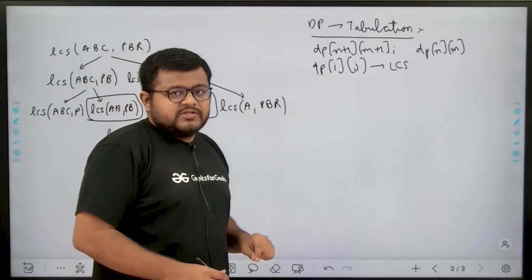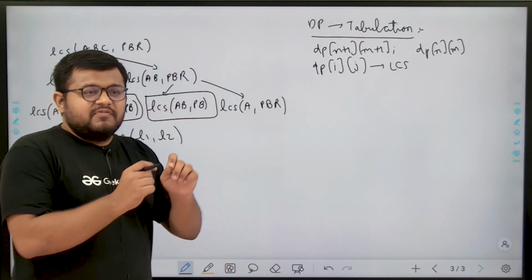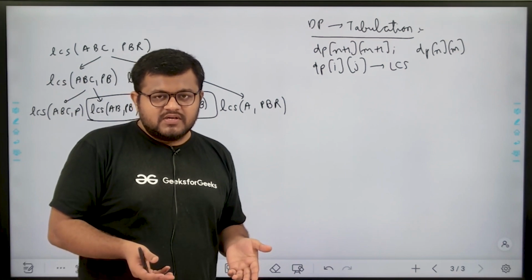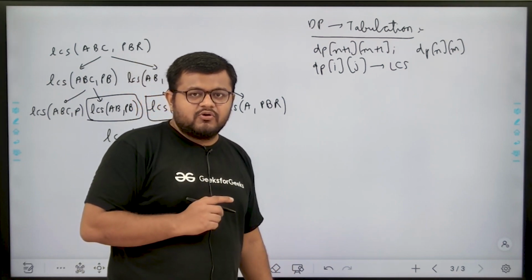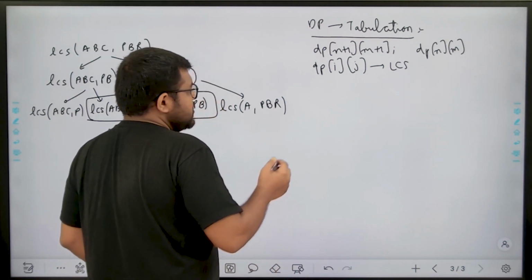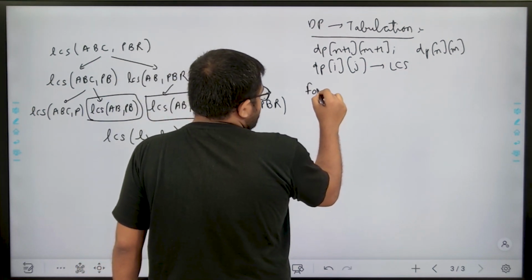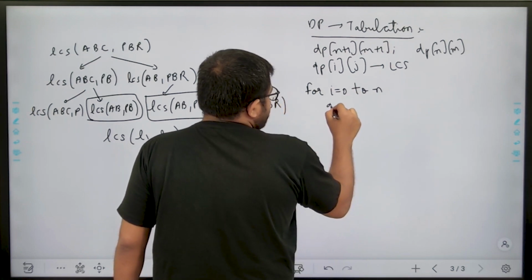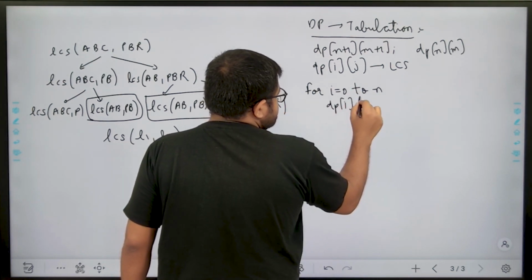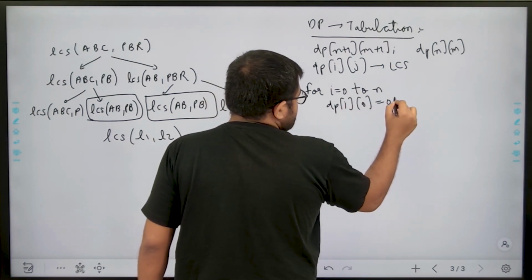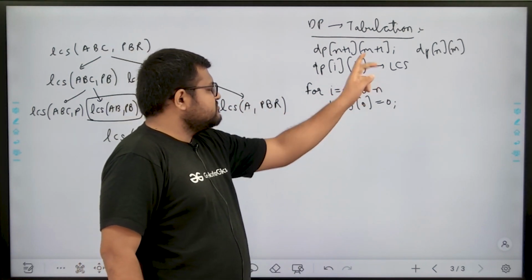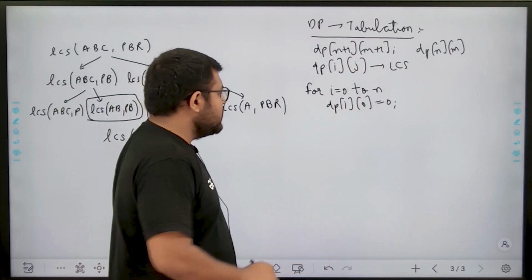What would be the base condition? The base condition is when either of the strings is of length 0, the answer to the longest common subsequence is 0, because we are considering a 0 length subsequence of one of the strings. So for i equals 0 to n, dp of i, 0 is 0, because if I am considering a 0 length prefix of the second string, the answer would always be 0.